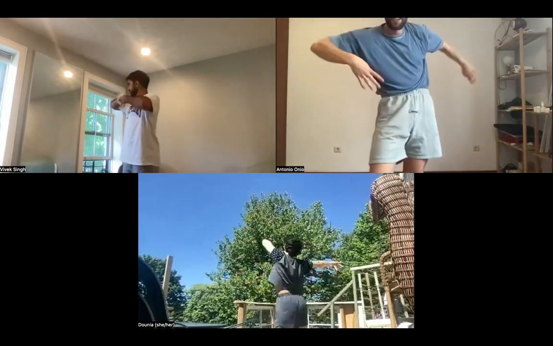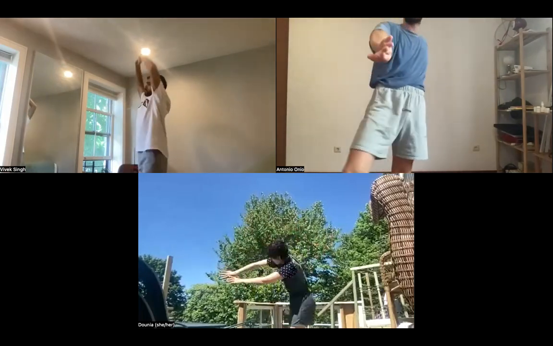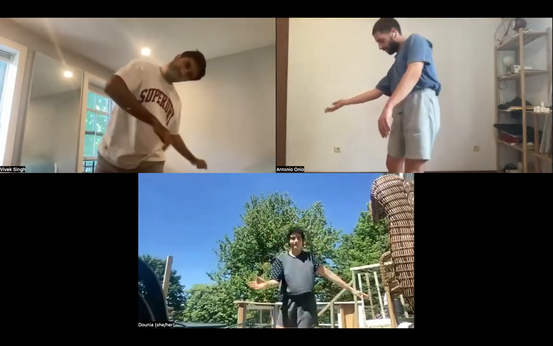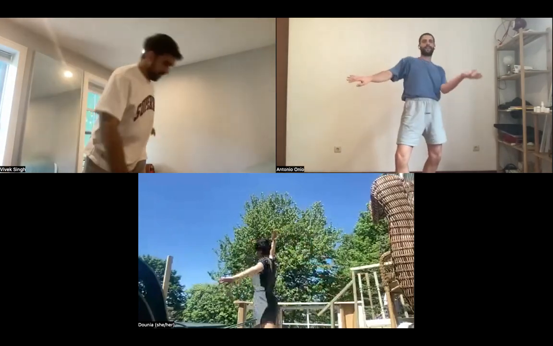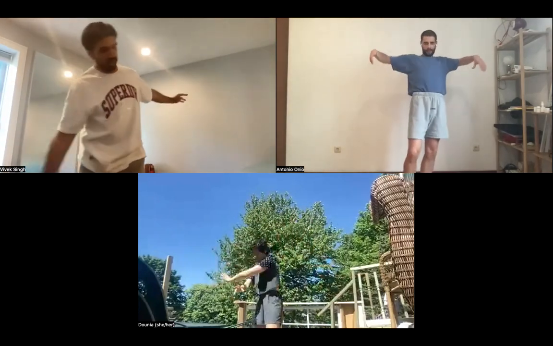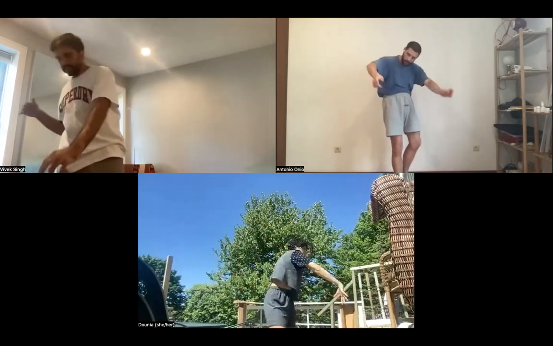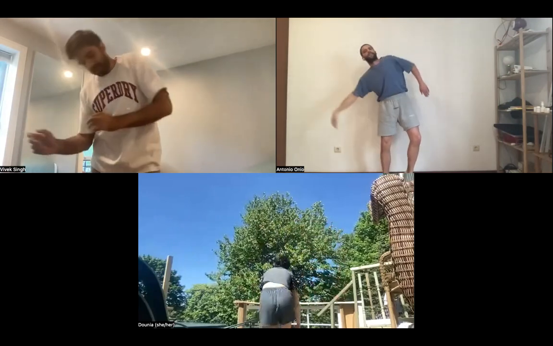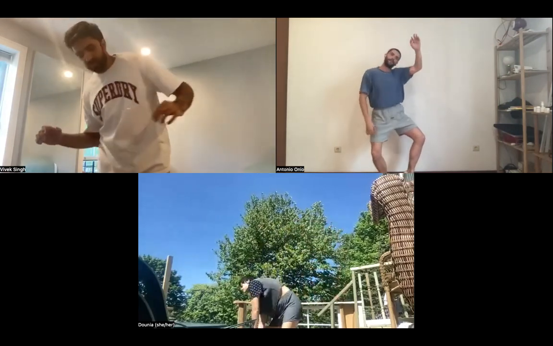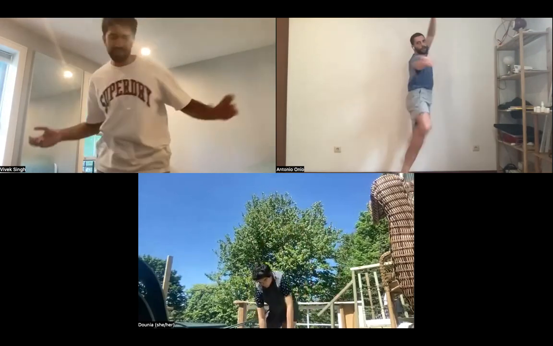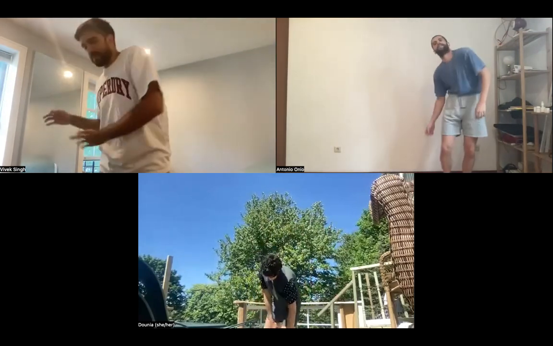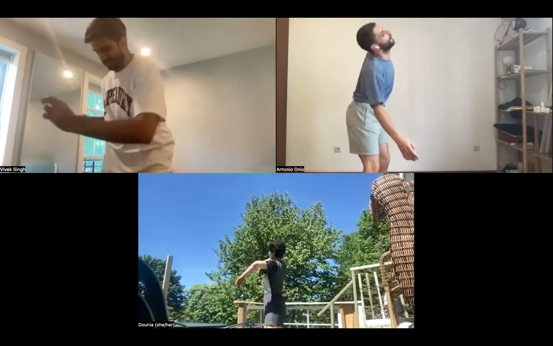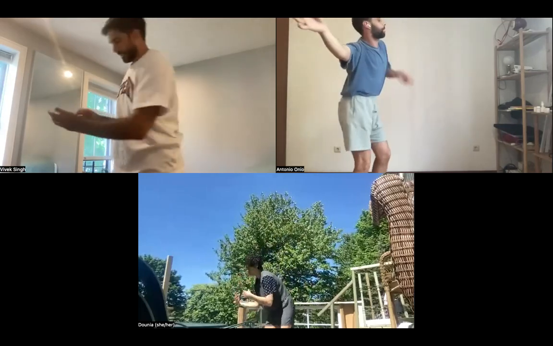Vivek, you can go. I'm thinking about how fascia sits between muscle and bone, and how to move in such a way that remembers both the structure and the fluidity.